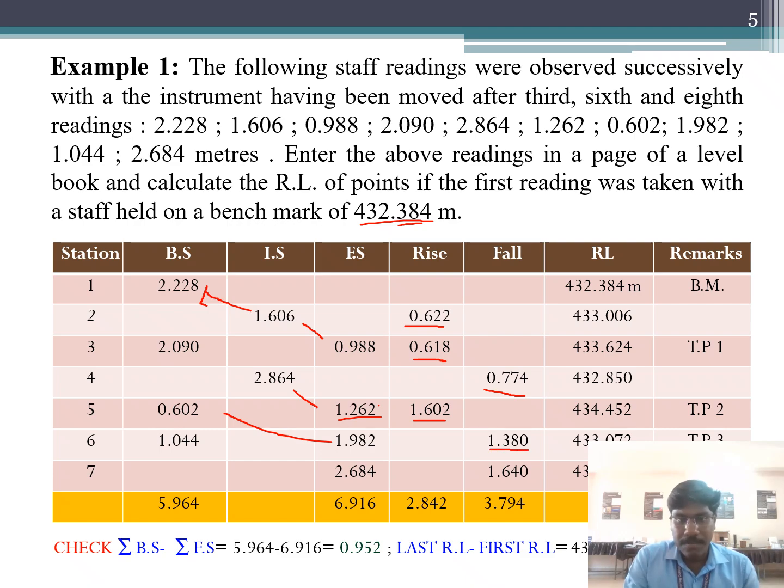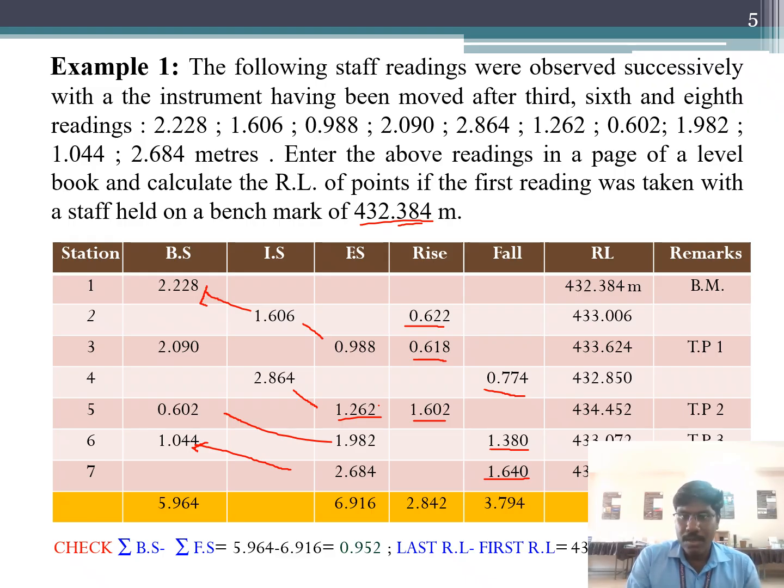So put into fall. Next we compare these two values, 2.684 minus 1.044. Actually the value is plus 1.640, but we write it as fall. So this way we can calculate the rise and fall.